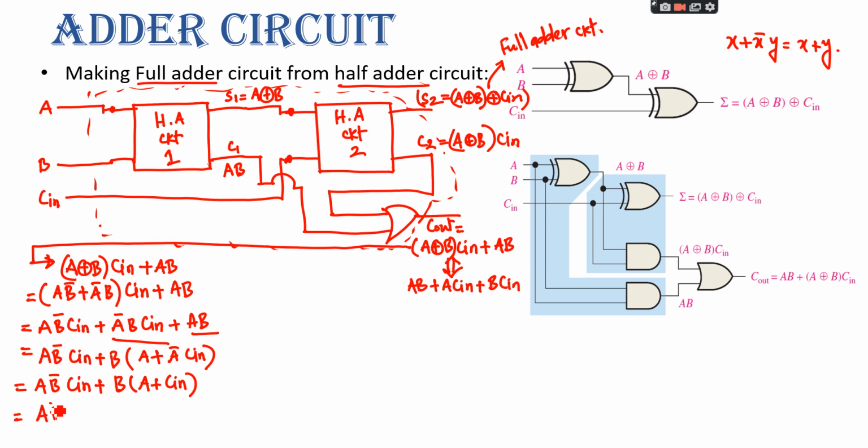So similarly, A B bar C in plus A B plus B multiplied by C in. So from the first two terms, what can we take in common now? A.